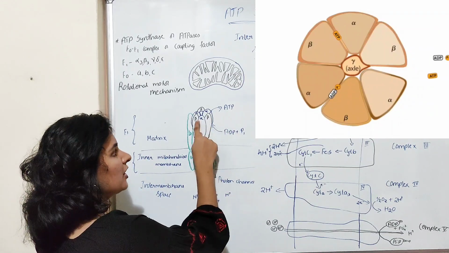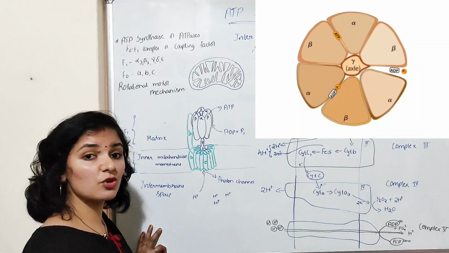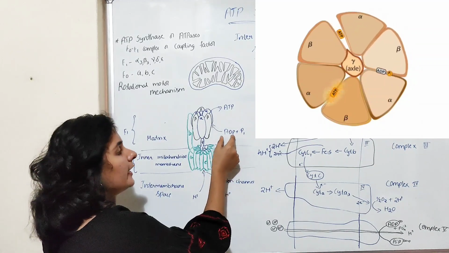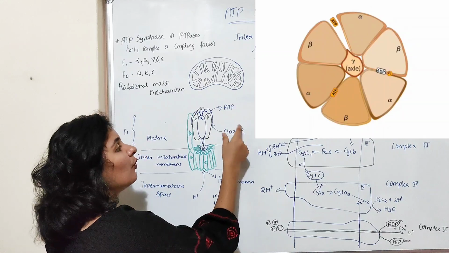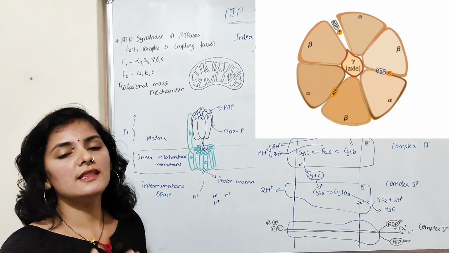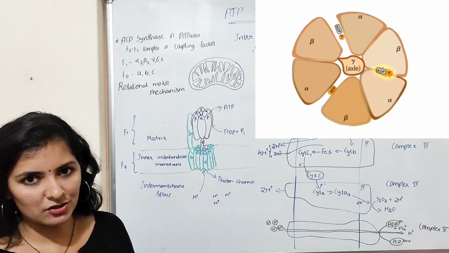So when there is a change in the binding characteristics of the beta subunit because of the rotation of the gamma subunit, ADP and inorganic phosphate will come and bind to the beta subunit, which is followed by synthesis of ATP and release of ATP.